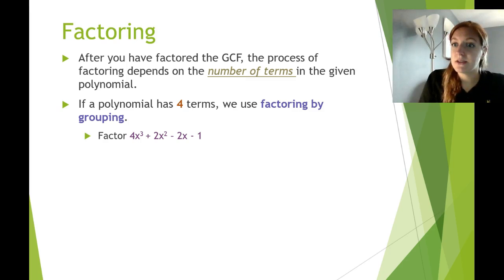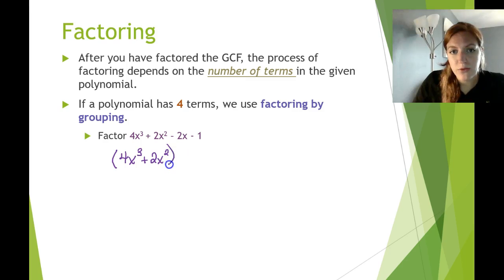So the first step is to group. Go figure, since the name is grouping. You group the first 2. Then you group the second 2. Now you want to be careful because there's this minus 2x. The minus only applies to the 2x.